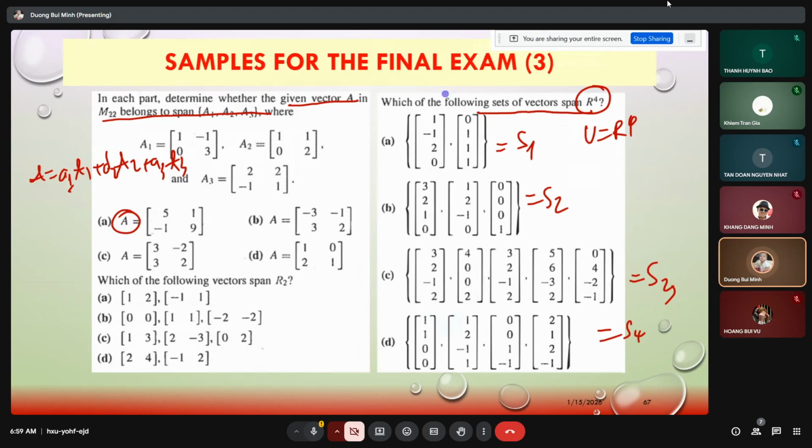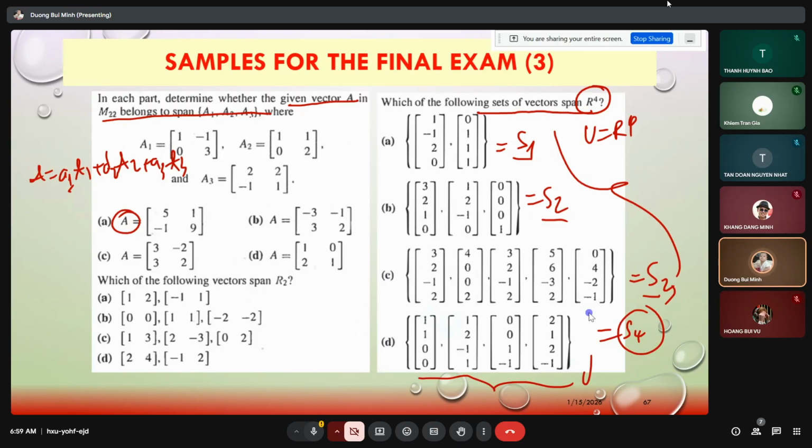If we have S1, S2, and S3, we cannot apply the determinant because it is not a square matrix, right? We need to apply Gaussian elimination. But now, very lucky, because for the set S4, we have 4 vectors, and then you can get the coefficient matrix with 4 rows and 4 columns. So you can calculate the determinant. We hope for the final exam, we have a question like this.